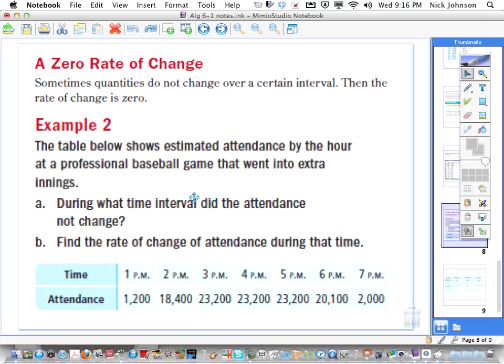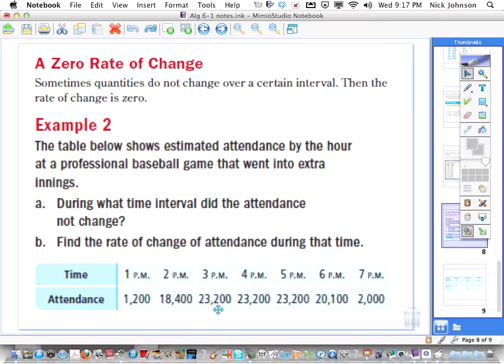Okay? Example 2. The table below shows estimated attendance by the hour of a professional baseball game that went into extra innings. A says, during what time did the attendance not change? Well, if you look from 1 to 2, it went from 1,200 to 18,000, so we know it changed there. From 2 p.m. to 3 p.m., it went from 18,400 to 23,200. Once again, it changed.